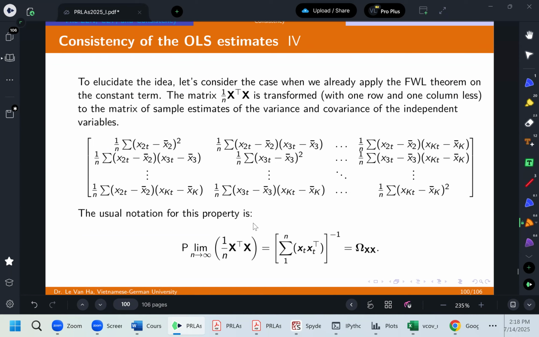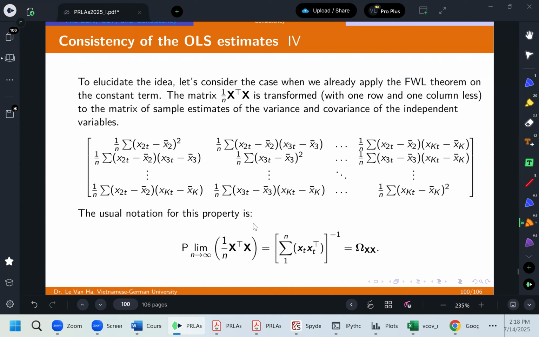Imagine now that I split my explanatory variable matrix into two parts. The first part includes only the constant term. The second part includes all other explanatory variables, and I will use the fitted values. So I will delimit them all, and my matrix X no longer contains the constant, but just the X's.